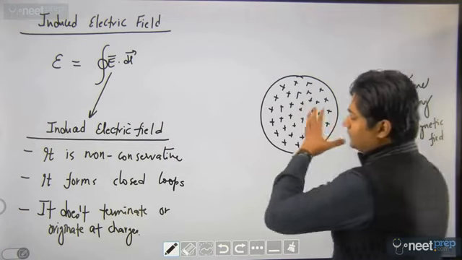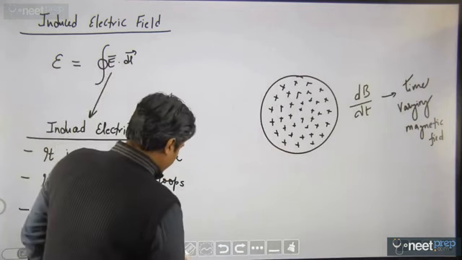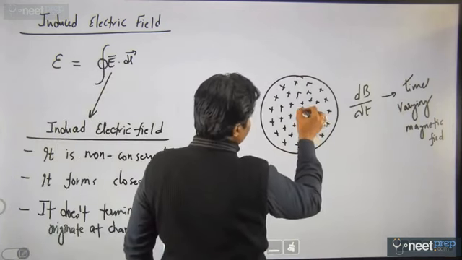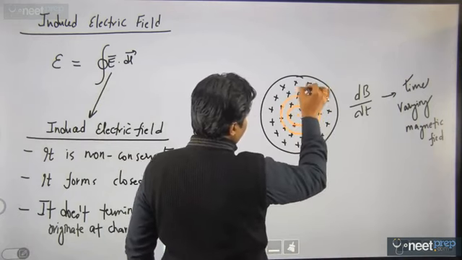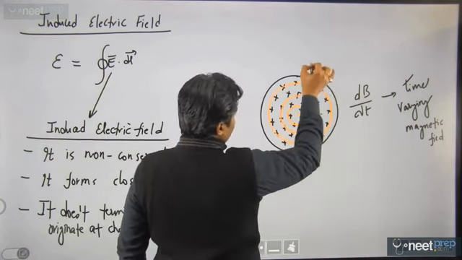If this magnetic field varies with time, then of course EMF will be induced in this region, and due to that EMF concentric electric field lines will be generated, not just within the loop but also outside the loop.